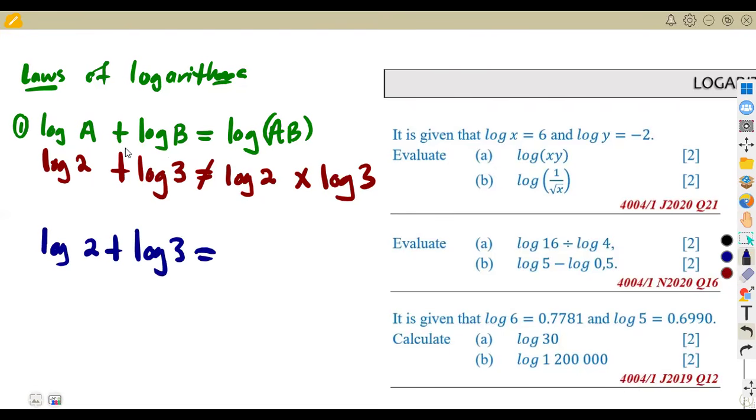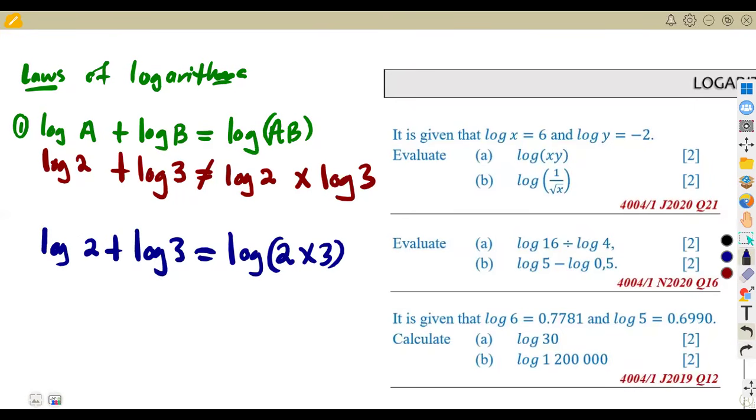So if the bases are the same, let's say this is base x and this is base x, this is also going to be base x. So if I'm not indicating the base, what does it mean? It means we are in base of what? In base 10. So these logarithms that we are seeing here are the same as the logarithm of 2 times 3, like this.